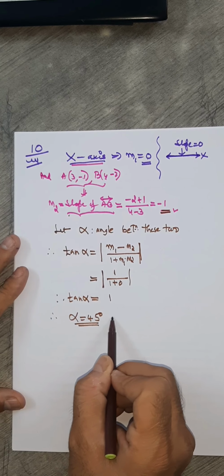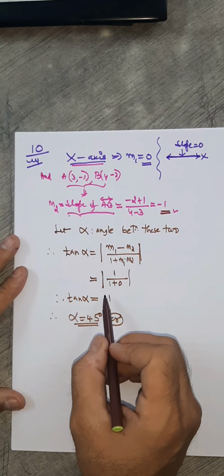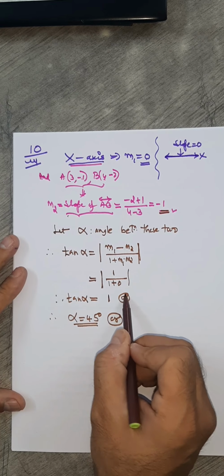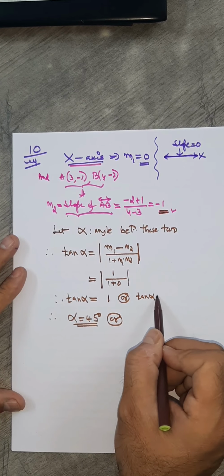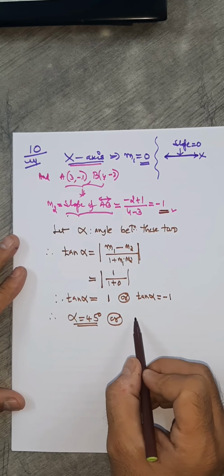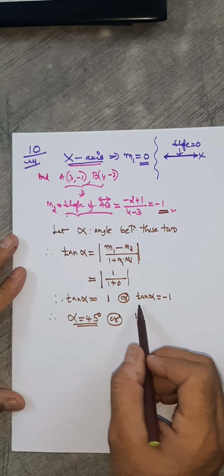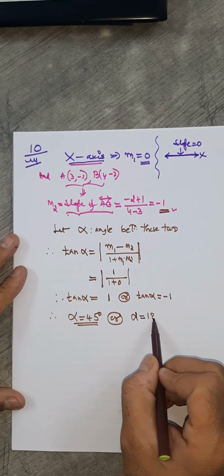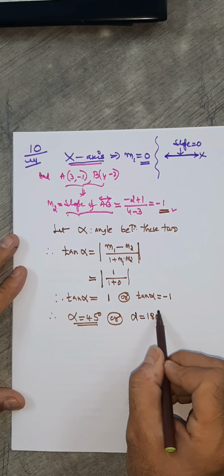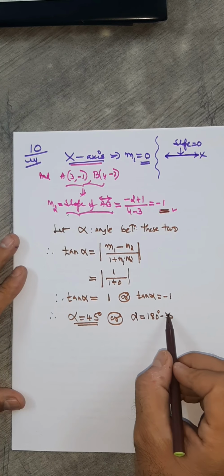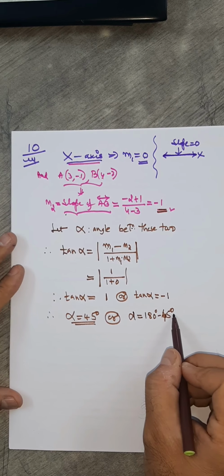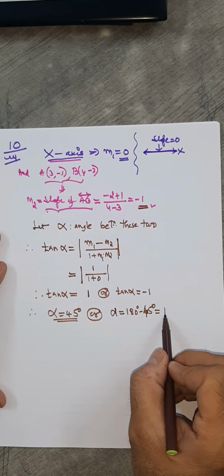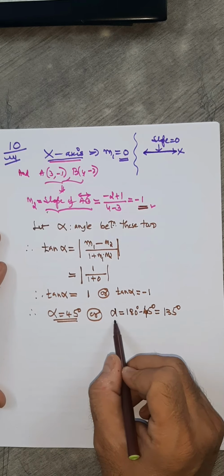Now some authors, when I drop the modulus, you may have tan alpha equals -1 also. In this case, alpha is in the second quadrant, so 180 degrees minus 45, which is 135 degrees. So you can use these also.